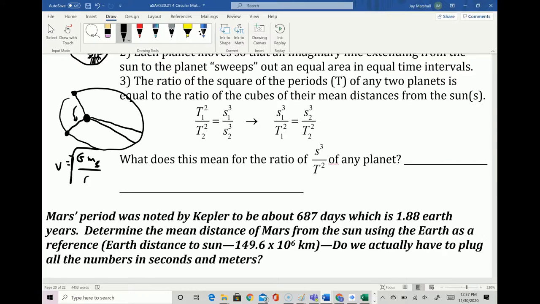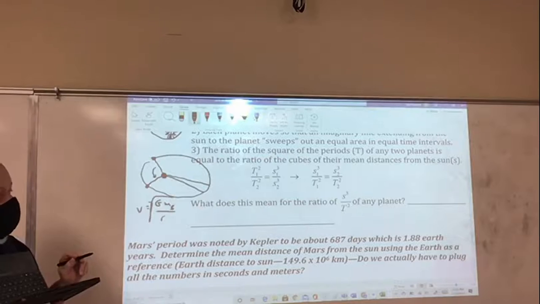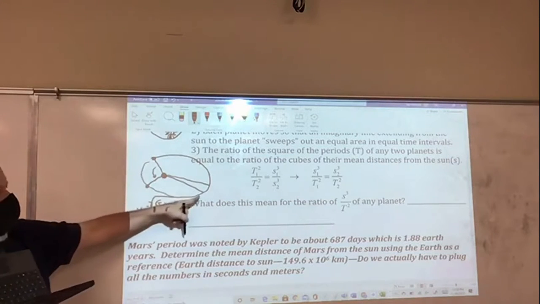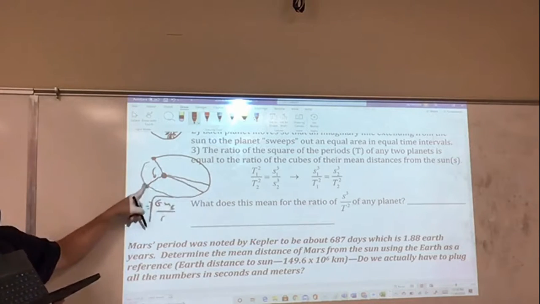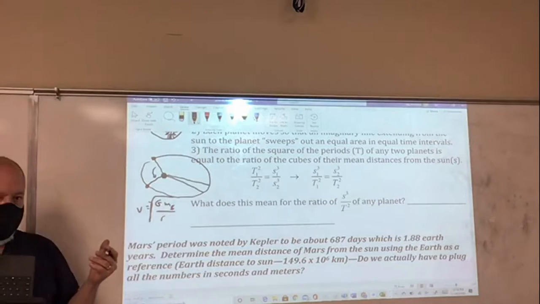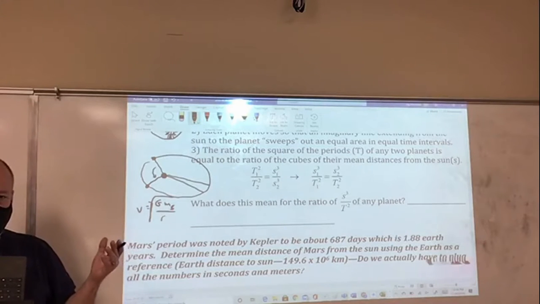But what happens is as I go around here, if I go from here to here in 1 month and I go from here to here in 1 month, what do I know about the velocity here compared to here? It's slower when it's closer to the sun. I'm going a lot farther in a month here than I am there. So it's going faster when it's closer. And why would that make sense? Because the gravity of the sun's stronger there, right?